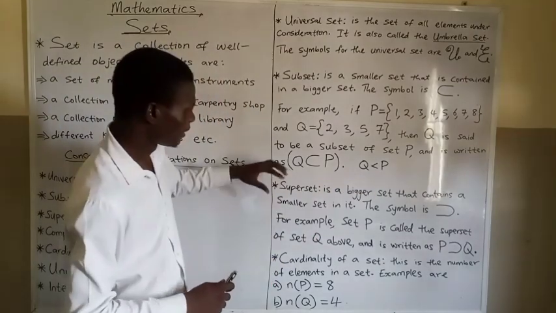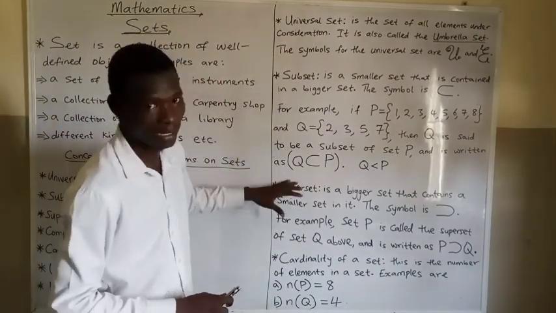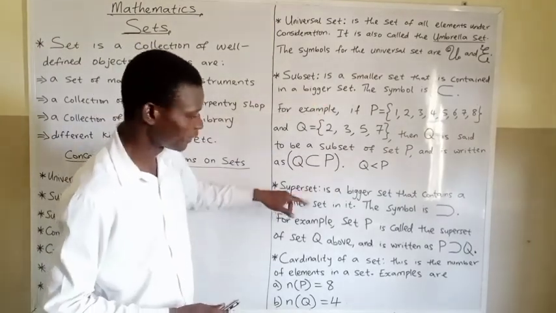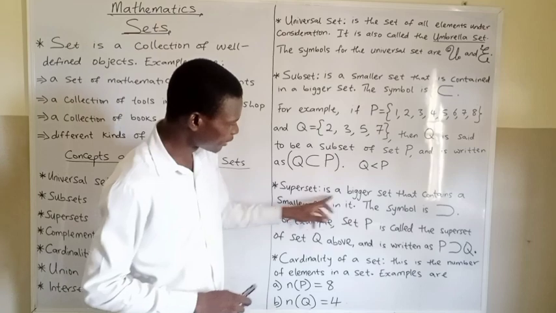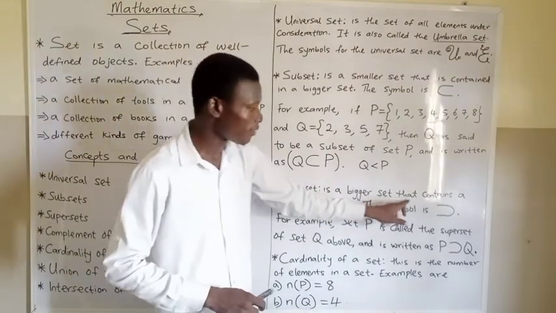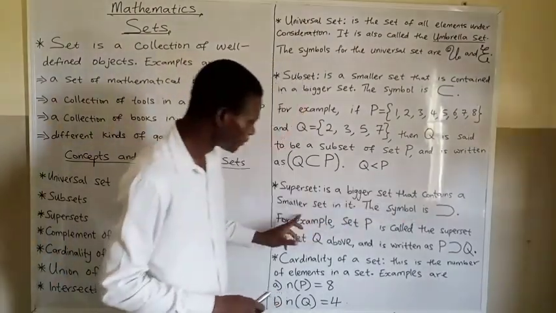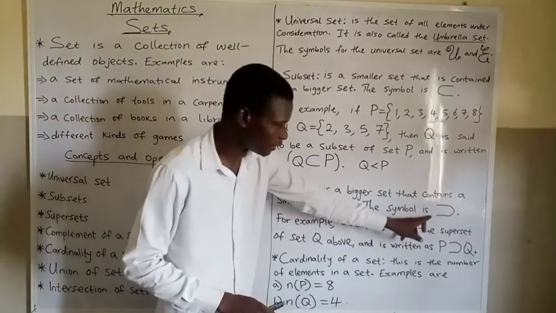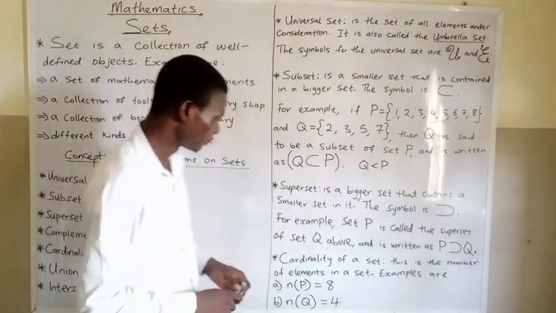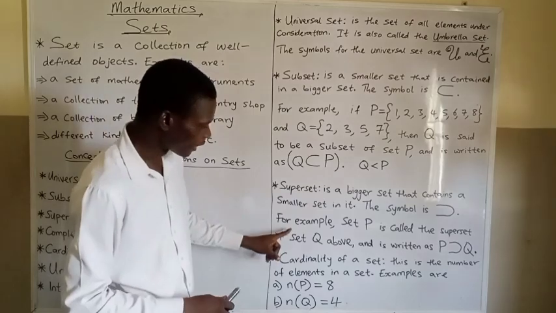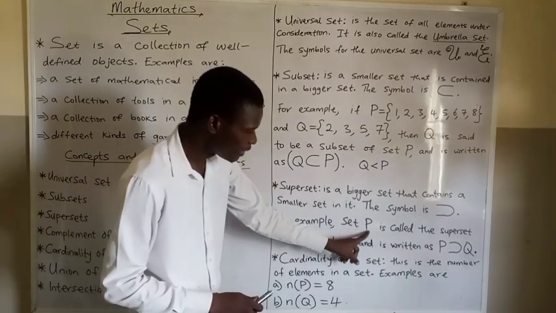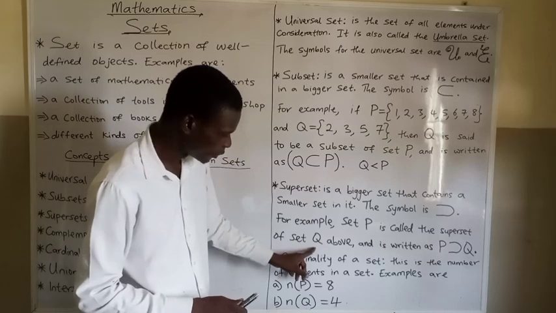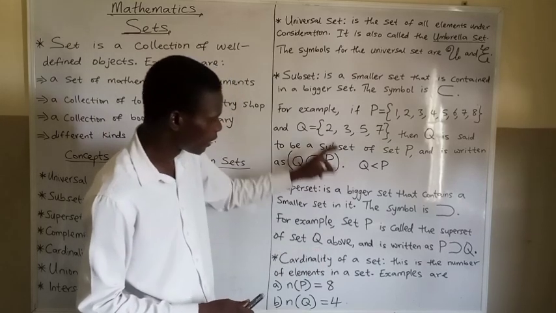All right. In similar manner, I'm building on this idea. We have the superset. The superset is a bigger set that contains a smaller set in it. The symbol is this. This is the symbol for the superset. For example, set P is called the superset of set Q in the example above.